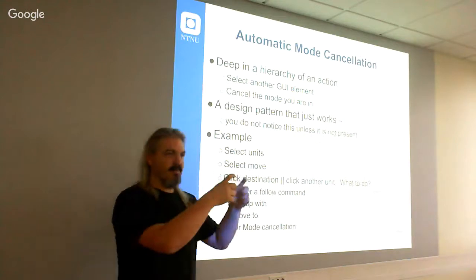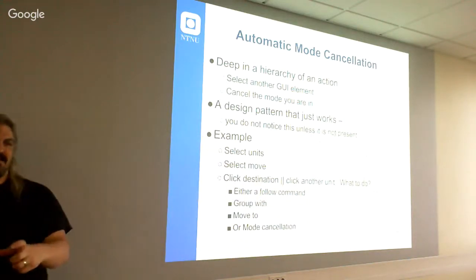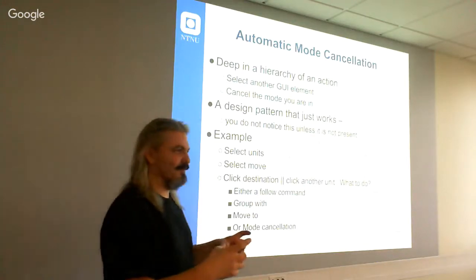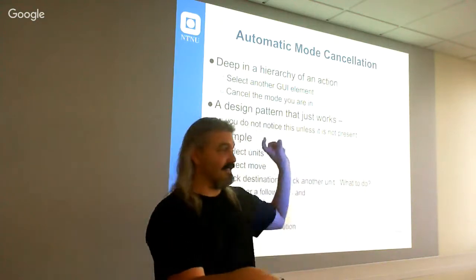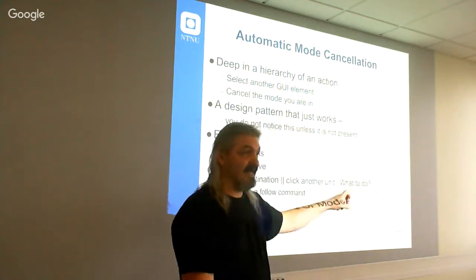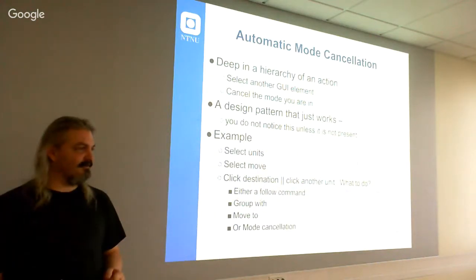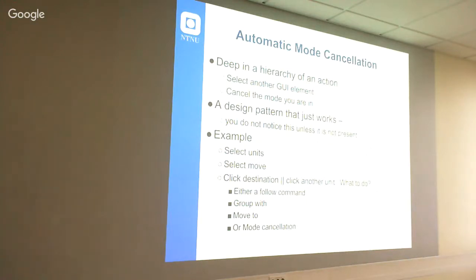You shouldn't have to manually step back out of the deep interaction to get to a safe state and then continue. You'll have noticed this: when you've been doing some selecting, you click to the side or you press escape, and it takes you back out of whatever you're doing, back to the normal state of the game. That's a mode cancellation.